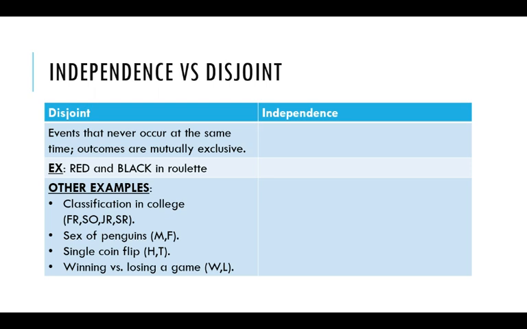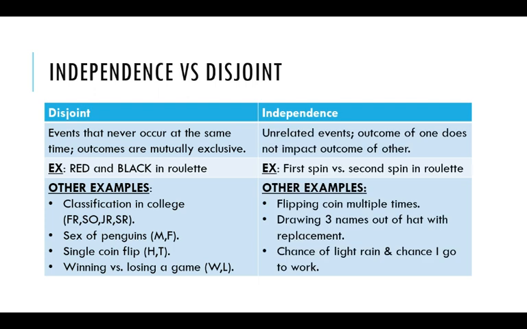If we're looking at something having to do with athletics, you either win or you lose a game, and those are mutually exclusive outcomes. But independence, we're talking about unrelated events. So disjoint, we're talking about kind of outcomes. Independence, we're talking about events where the outcome of one does not impact the outcome of the other.